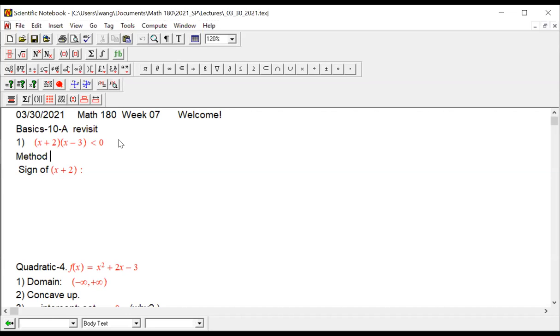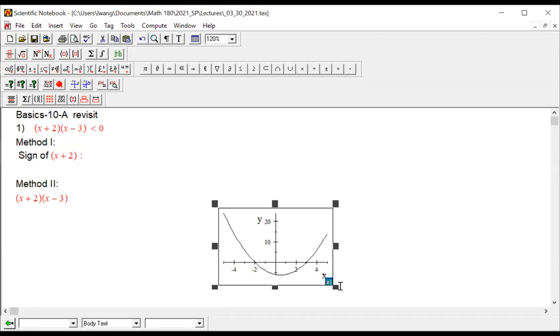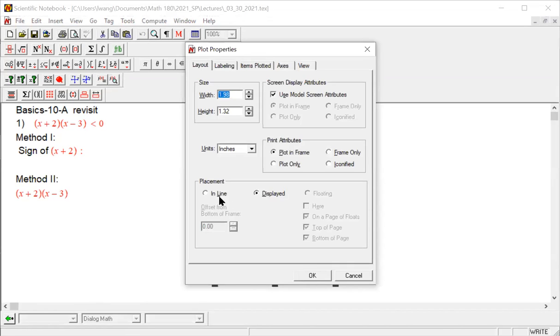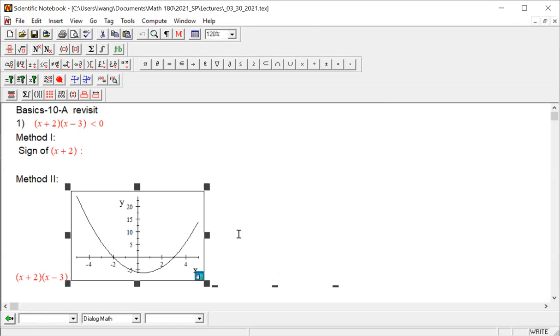The second method we did is that we used the graph. We graphed these, and there are 2 points of crossing. The second method is exactly the same method we used today, for quadratic 4, is that right?